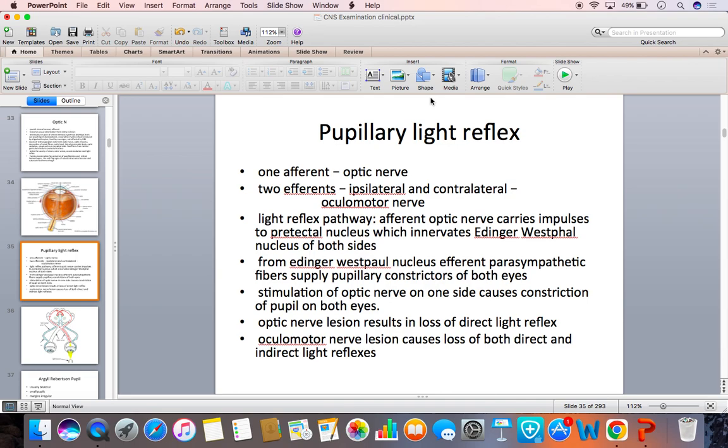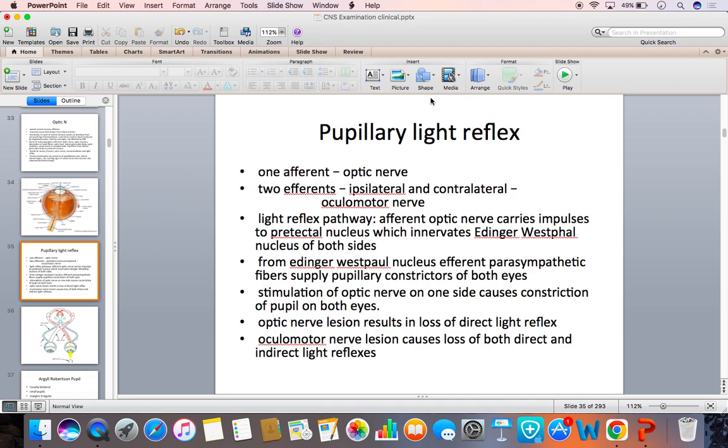How is the pathway formed? The afferent optic nerve carries the impulses via the lateral geniculate body to the pretectal nucleus in the midbrain, which innervates the Edinger-Westphal nucleus of both the sides.